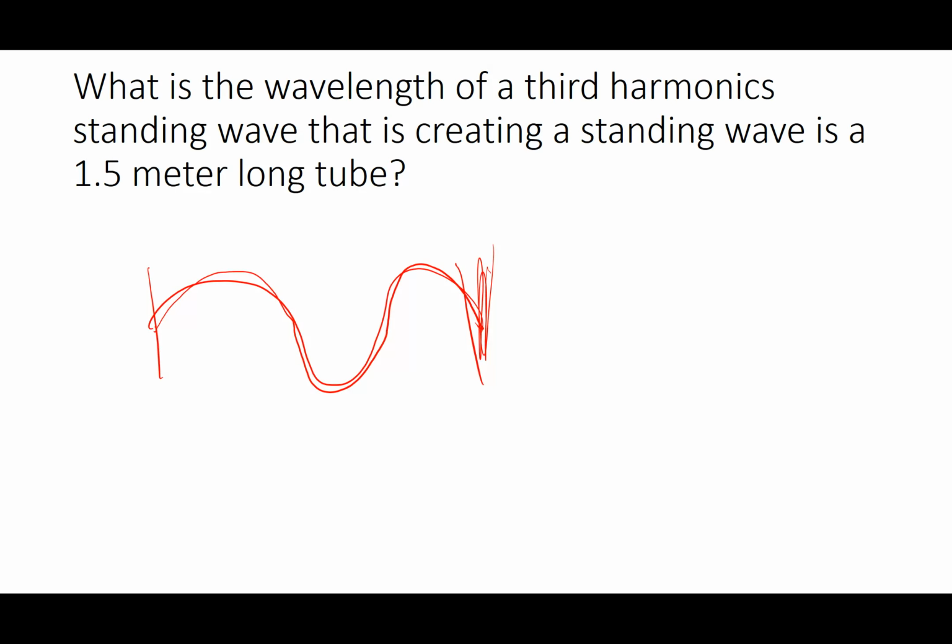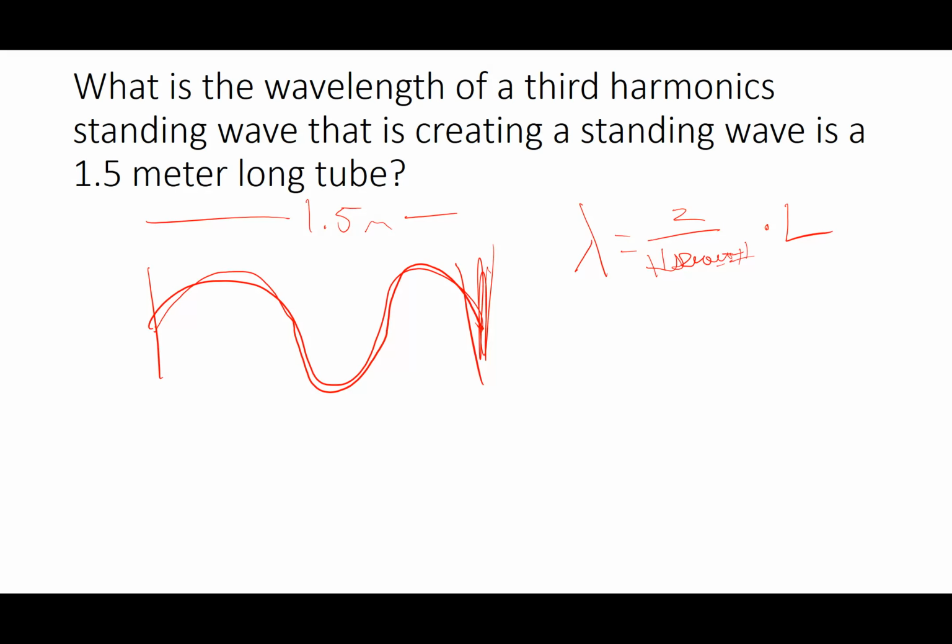So if this tube is 1.5 meters long, what is lambda equal to? Lambda is equal to, do we remember our equation from the other side? Yeah? Good job. So we're saying 2 divided by harmonic number times the length of the tube.